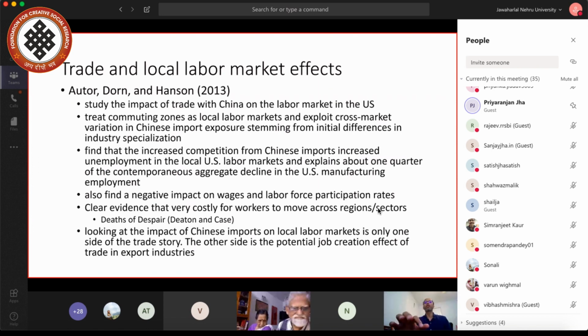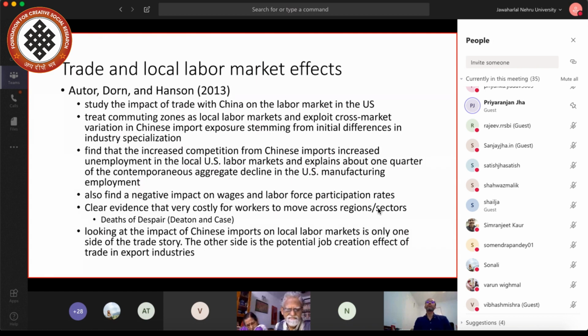and look at the impact of trade with China on these local labor markets, and they exploit the fact that various commuting zones have different exposures to Chinese trade. The exposure to Chinese trade in a commuting zone depends on the industrial structure of that commuting zone.